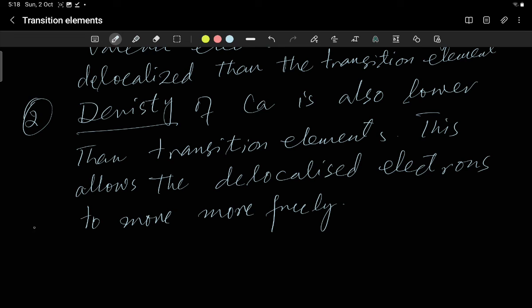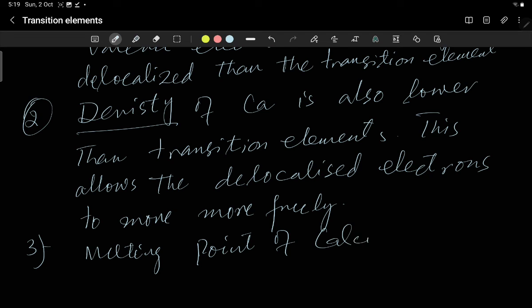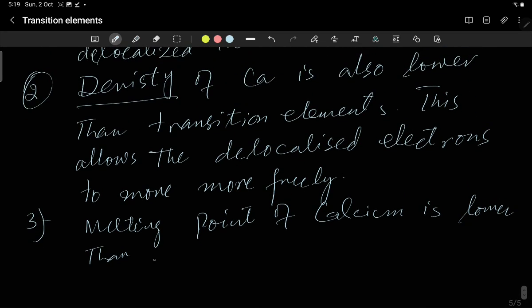So the third reason is melting point. Melting point of calcium is lower than the transition elements.